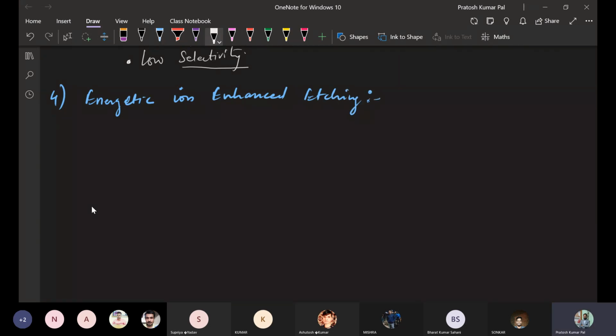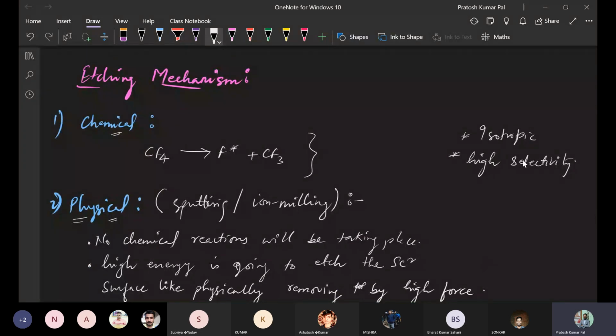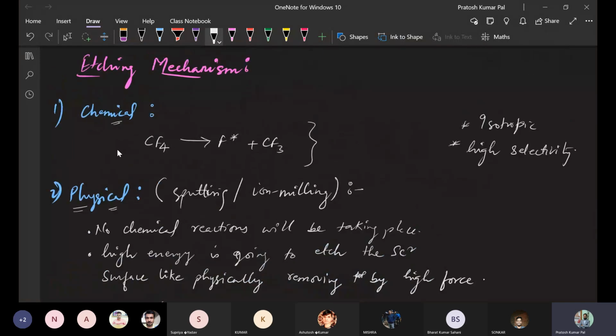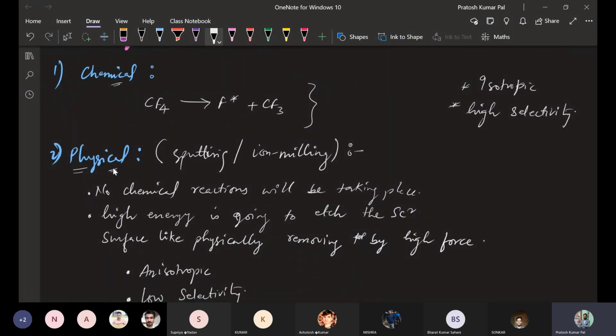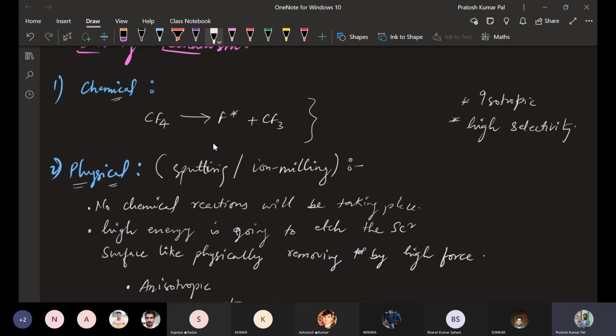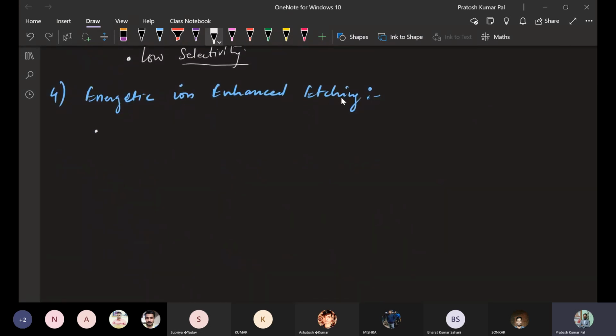In the first case, chemical etching, it is isotropic in nature and has high selectivity. This one is the physical type of dry etching, which obtains an anisotropic nature but low selectivity. So we can have the combined properties of chemical and physical etching. That will be energetic ion enhanced etching.